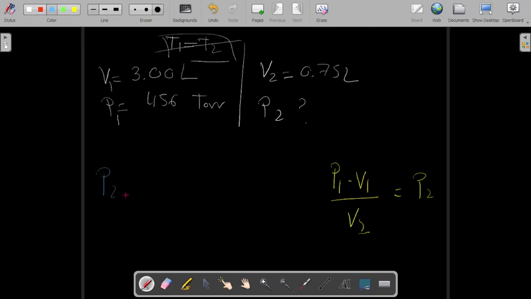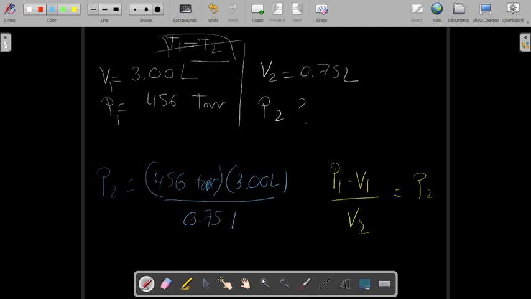So pressure 2 equals pressure 1, 456 torr. My pen today is not working very well, sorry about that. And my volume 1, which is 3 liters, divided by volume 2, 0.75 liters.